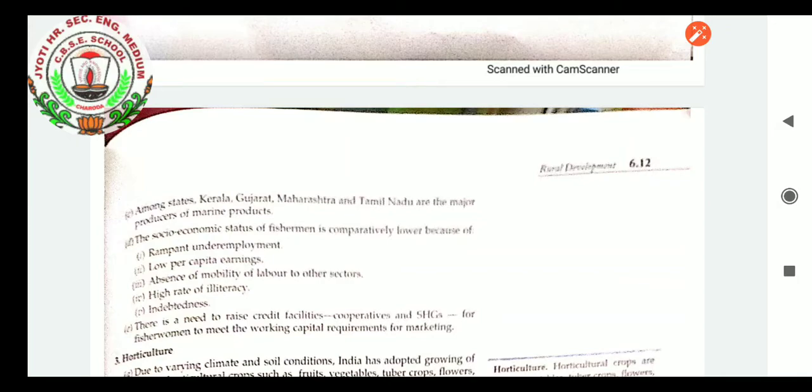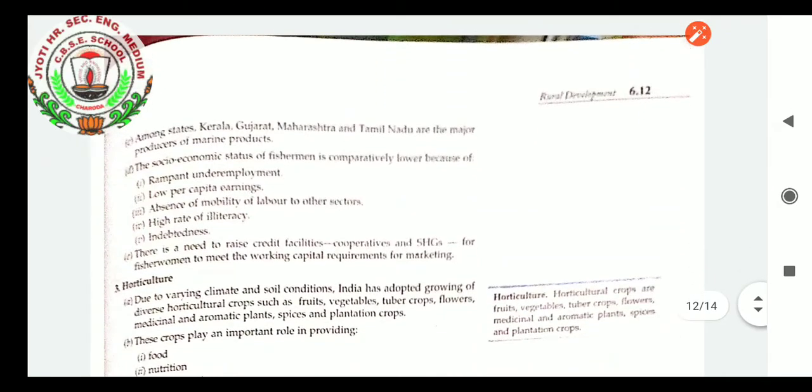The socio-economic status of fishermen is comparatively lower because of rampant underemployment, low per capita earnings, absence of mobility of labor to other sectors, high rate of illiteracy and indebtedness. There is a need to raise credit facilities, cooperatives and self-help groups for the fisherwomen to meet the working capital requirement for marketing.